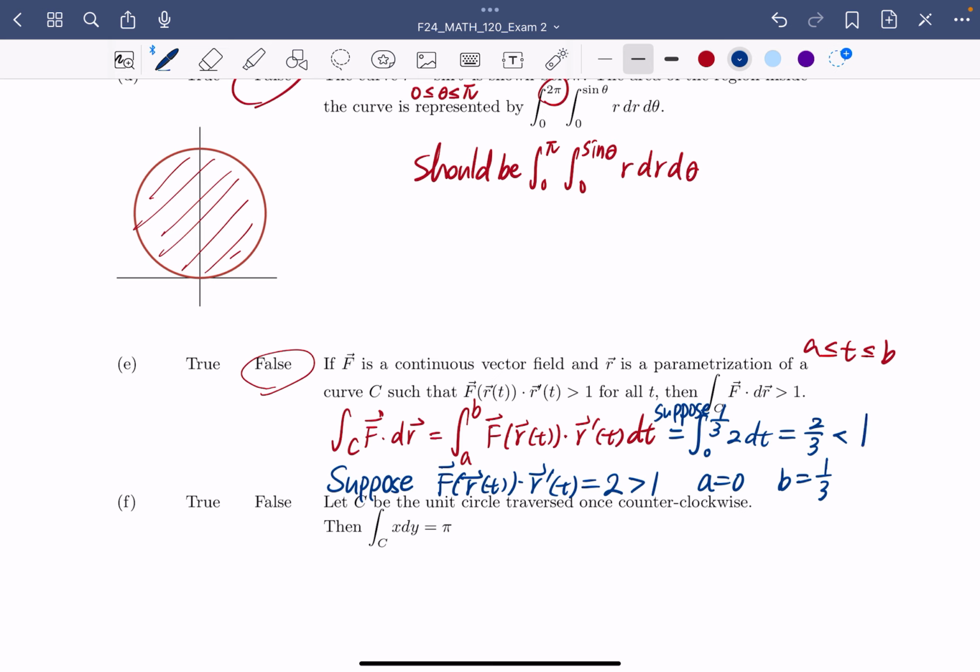So the answer is false. And you can easily, for example, find a line segment and a continuous vector field which realize this set of conditions and make a legitimate counterexample.